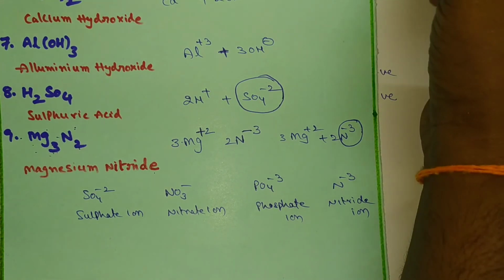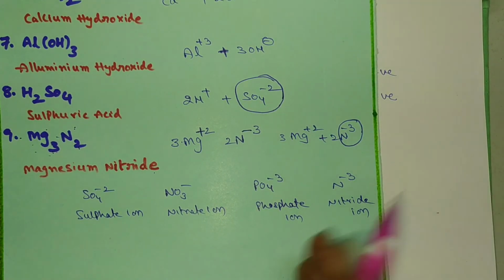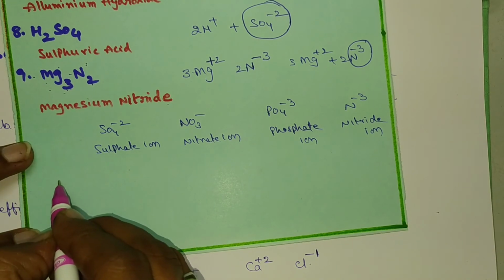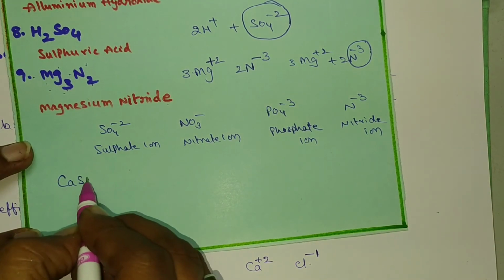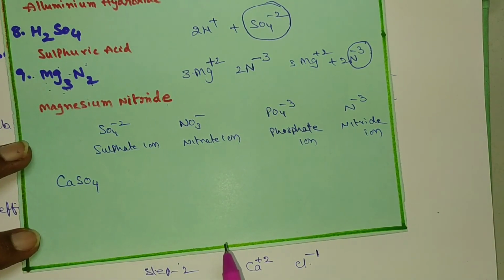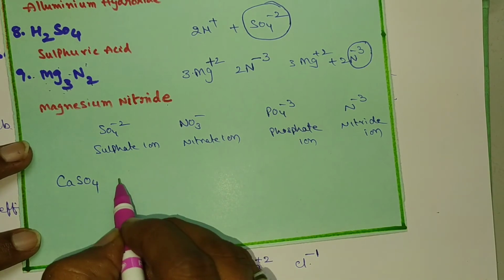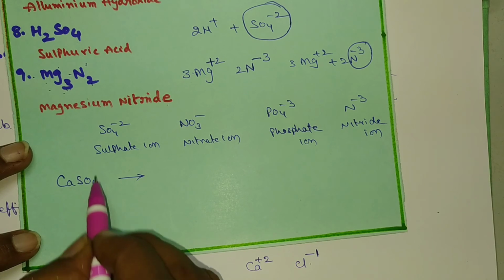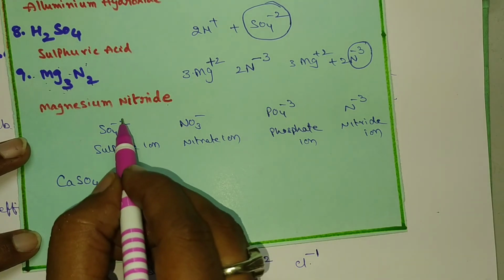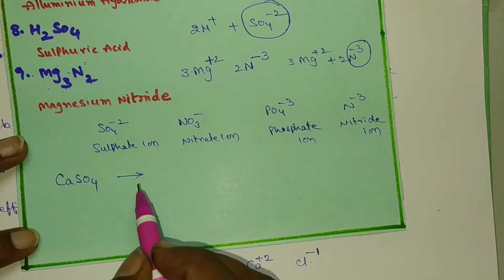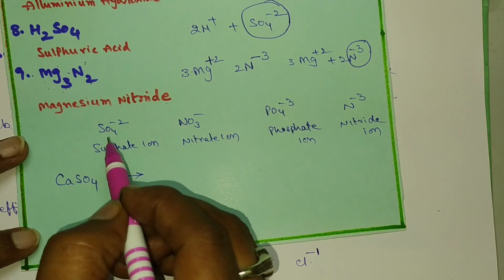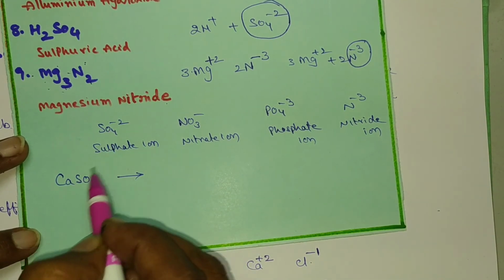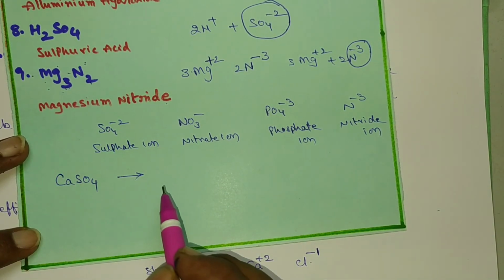Still, you have to remember these ions, because if you consider the dissociation of calcium sulfate, we have to know that the sulfate ion possesses a minus 2 charge. So if it is minus 2, the calcium should possess plus 2.